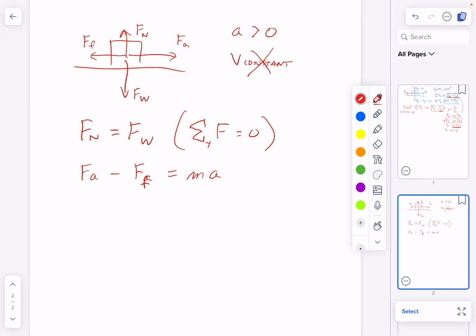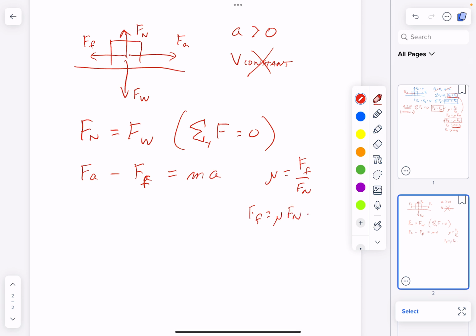Now, once again, of course, we can think about simplifying certain things. Because we have a force of friction, once again, my mu is going to be the force of friction over the normal force. And so my force of friction is again going to be mu times the normal force.